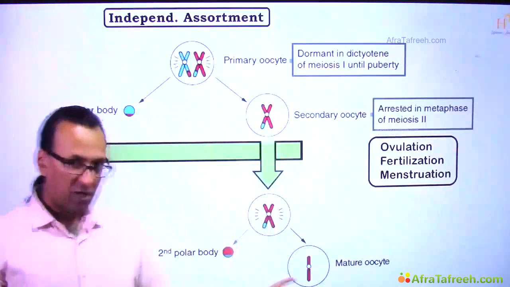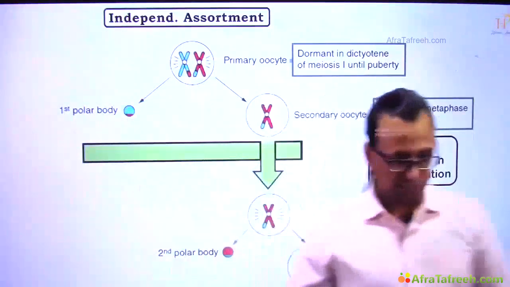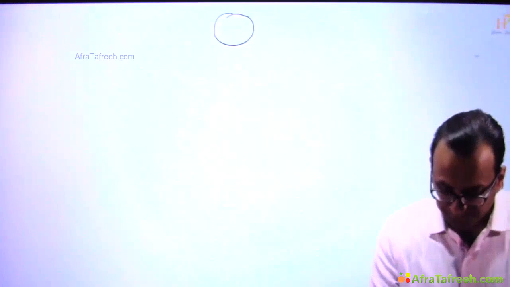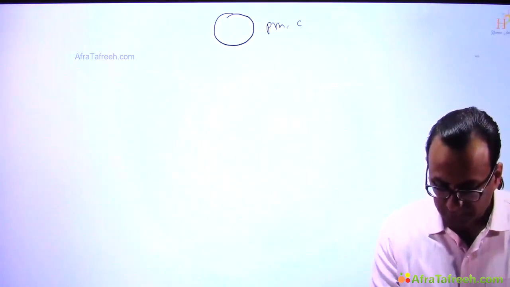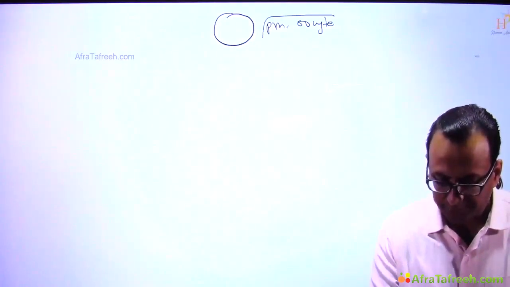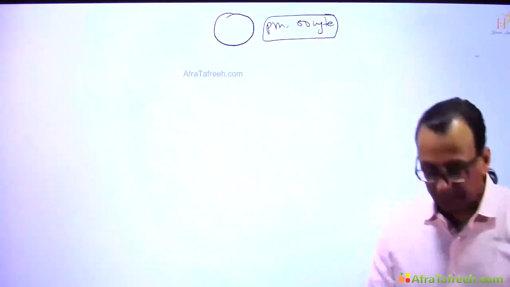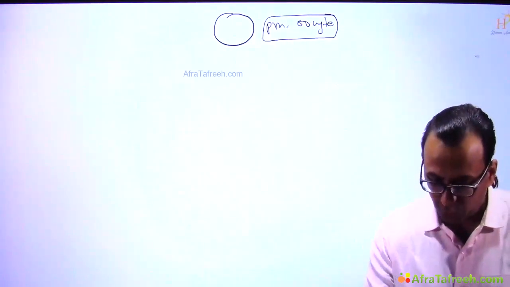How? Let us draw a diagram. Let's draw the same diagram now. What I'm trying to say is, we have got a cell here which is called as the primary oocyte, and this primary oocyte is actually arrested in prophase 1.